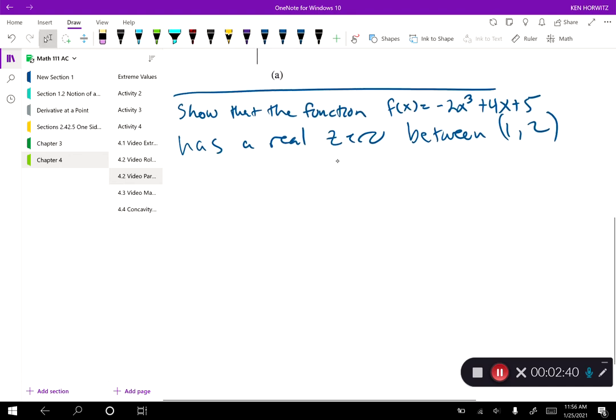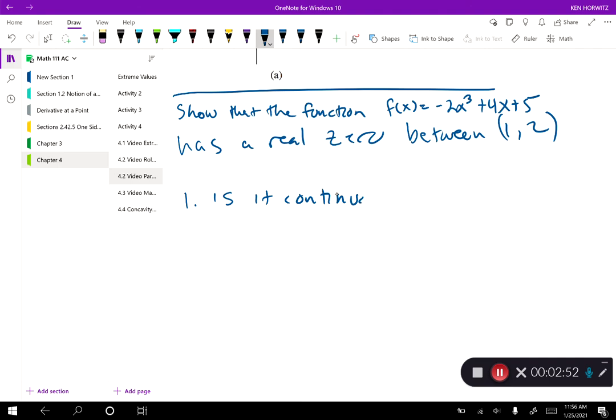So the first thing is look at the function. Is it continuous? Now we know that all polynomials are continuous, so that's a yes. So is it continuous? Check. The second thing I want to know is what is f of 1 and what is f of 2?